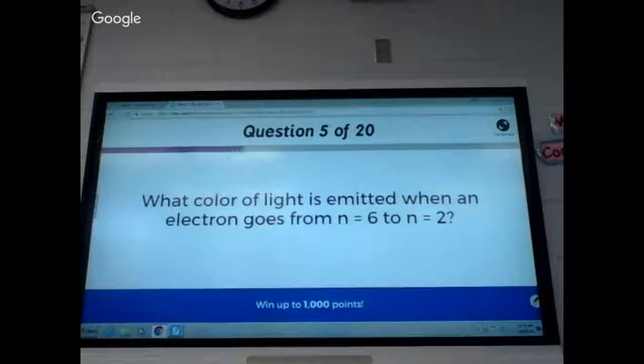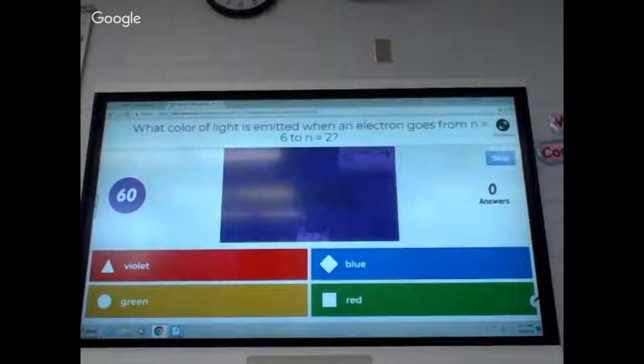Okay, which color of light is emitted when an electron goes from 6 to 2? Dear God. I only have, I think it's 18 and only 4 are F's. 14 are D's.